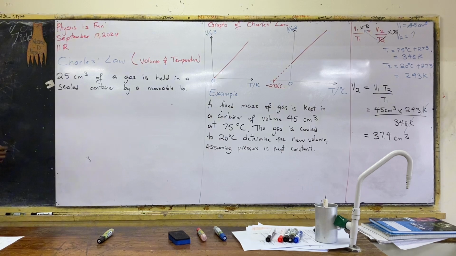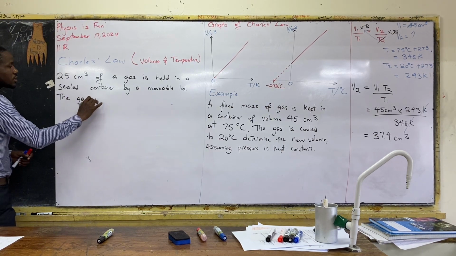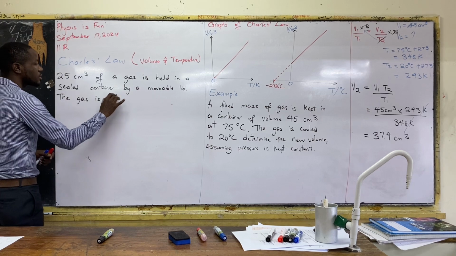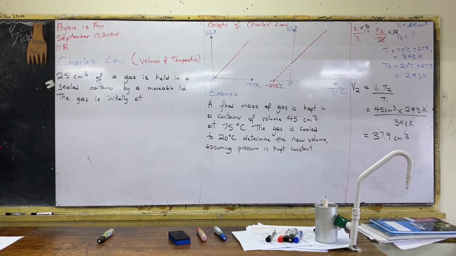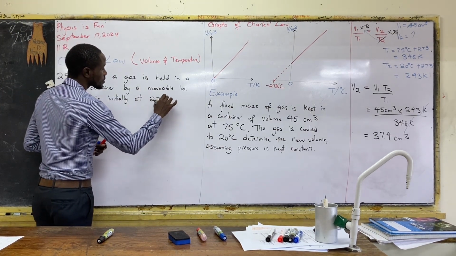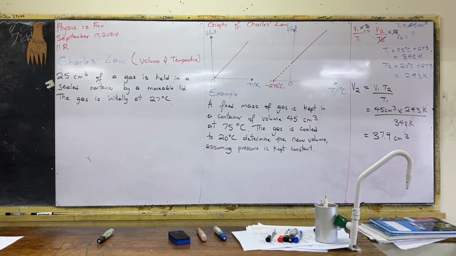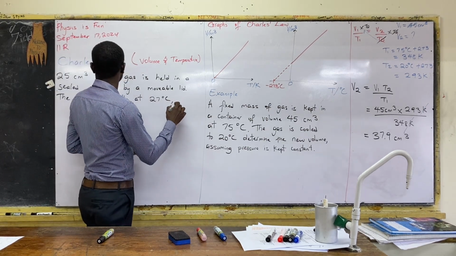All right? The gas is initially, let's say the gas is initially at 27 degrees Celsius. All right?